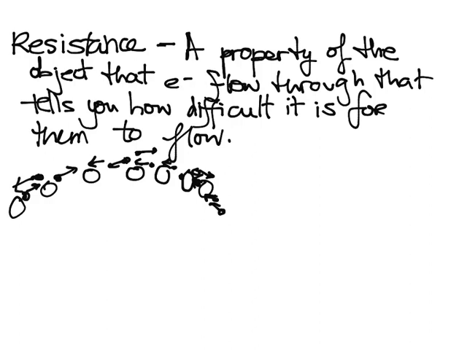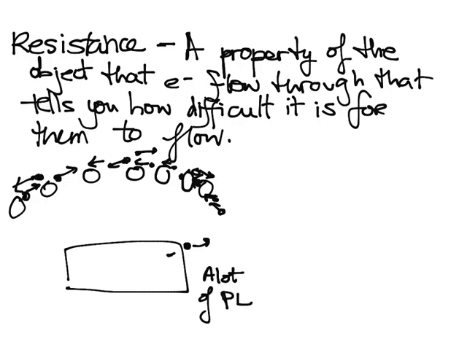We have to think about resistance in terms of energy. If you are an electron, you start out on the negative side of the battery with a lot of potential energy. You have this force from your repulsion to your other negative charges that pulls you through the wire to the other side of the battery.